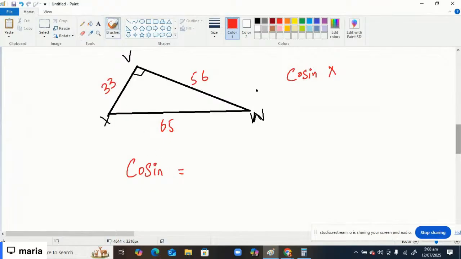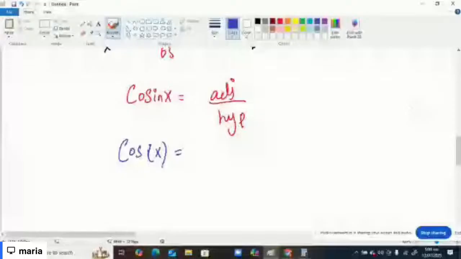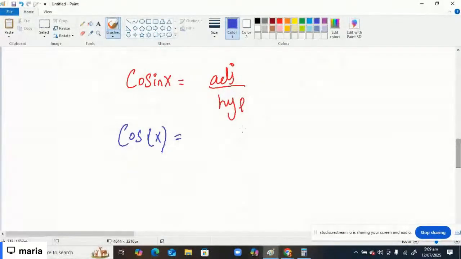Cosine of X is adjacent over hypotenuse, so the adjacent is 33 and your hypotenuse is 65, and this is your answer.